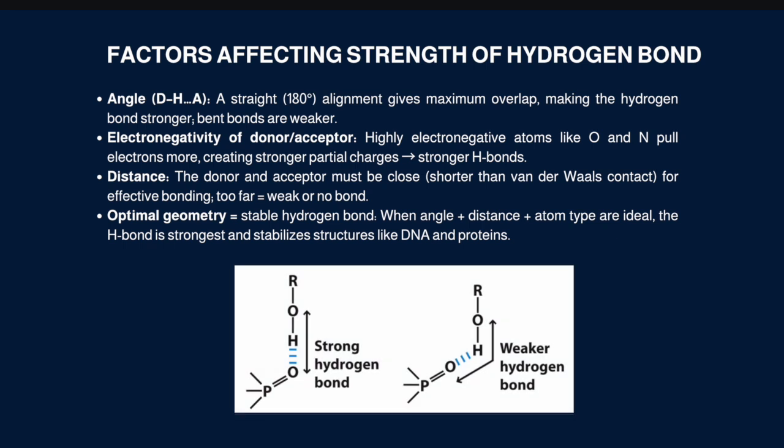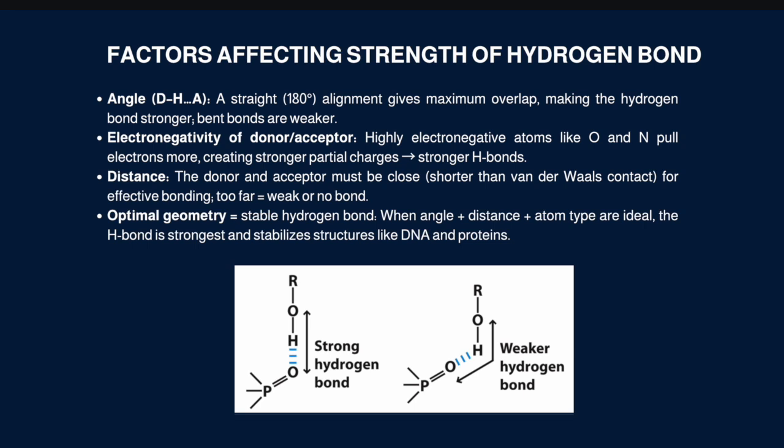What are the factors affecting the strength of these hydrogen bonds? First is the angle. This is very important. You can see in the diagram below, the strong hydrogen bond is formed when the hydrogen bond between the first atom and the other oxygen part has an angle of 180 degrees. They are in a straight line. The two oxygen atoms or two electronegative atoms are in a straight line with the hydrogen.